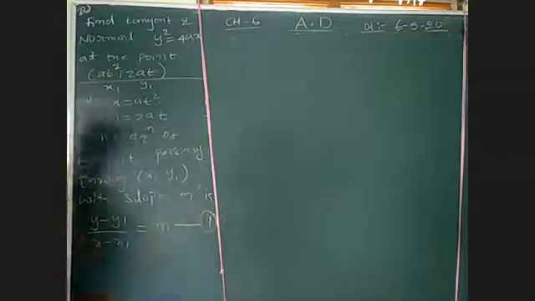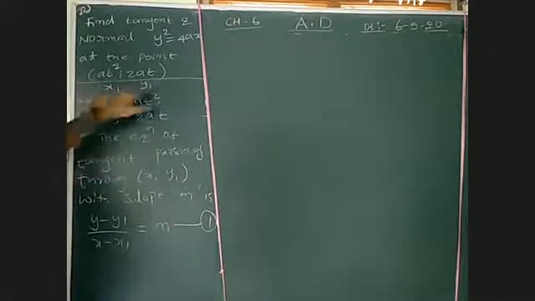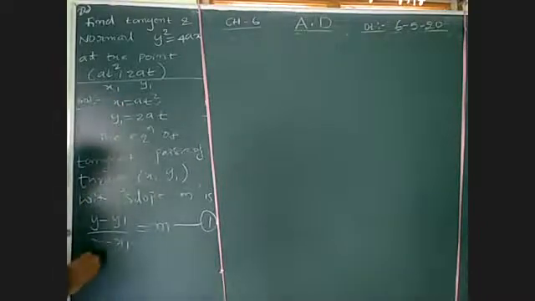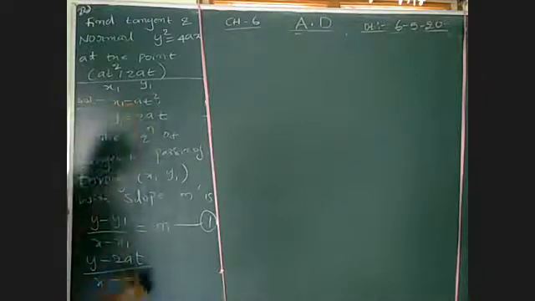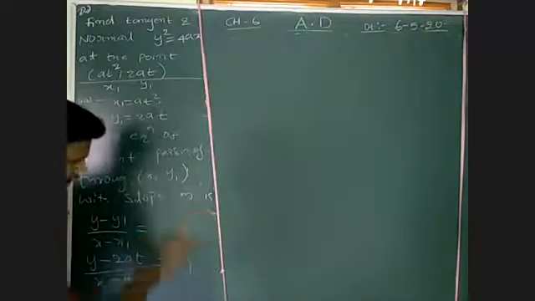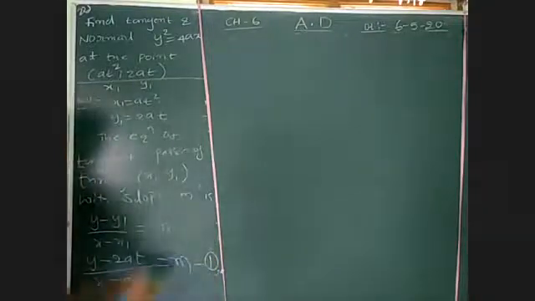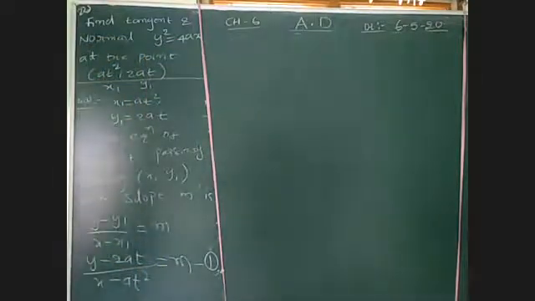Let us take this is equation 1. x1 is at square, y1 is 2at. Now substitute here: y minus y1 is 2at by x minus x1 is at square is equal to m. Now observe here, just we can find m value. To find m value, differentiate given equation, we will get dy by dx, that is m value.